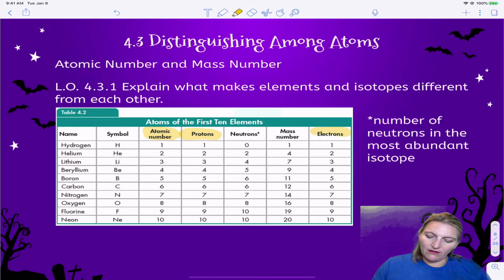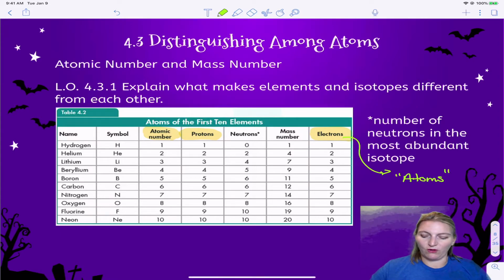The other thing that is always the same is the number of electrons. This is true if we're talking about atoms, because when we use the word atoms, we mean neutral, the same number of electrons and protons. So atomic number and the number of protons are identical to each other.